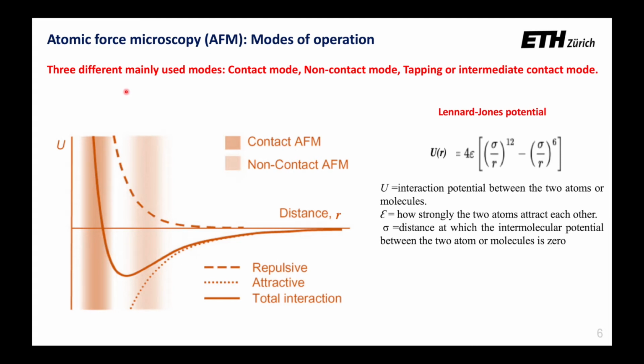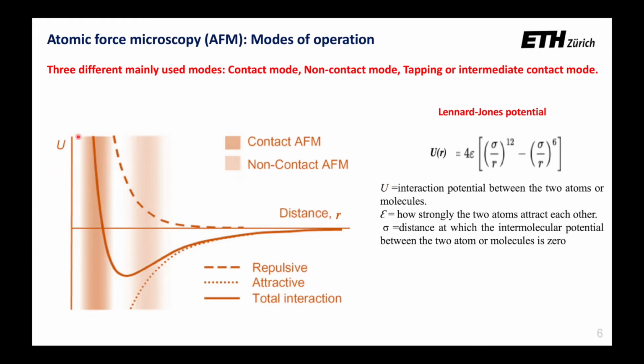So there are mainly three different modes of operation to use the AFM. One is the contact mode, the other the non-contact mode, and the third one is tapping or intermediate contact mode. To understand how these three different modes work, let's simply take the Lennard-Jones potential.